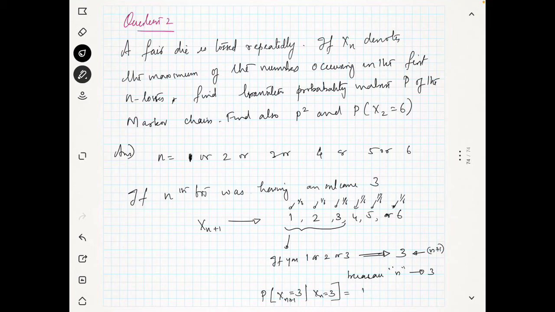That means it includes the probabilities of 1, 2 and 3. That means 3 by 6. So this is how the transition is calculated.